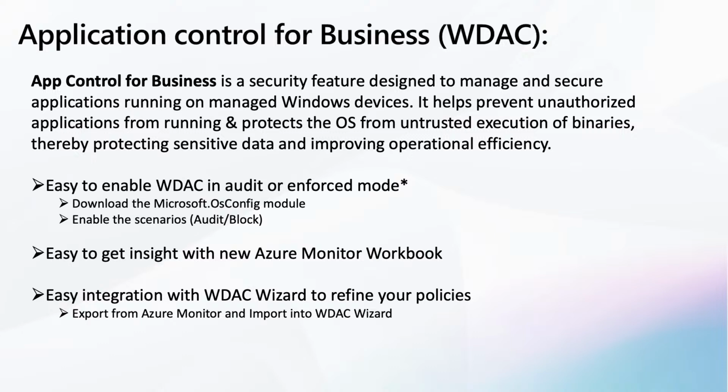That's the main goal, so that sensitive data and operational efficiencies are not impacted. The main three features are: you can now use OS Config to enable WDAC with very simple PowerShell commands, you can get easy insight with the new Azure Monitor workbook, and you can do easy integration with the WDAC Wizard to refine your policies further.